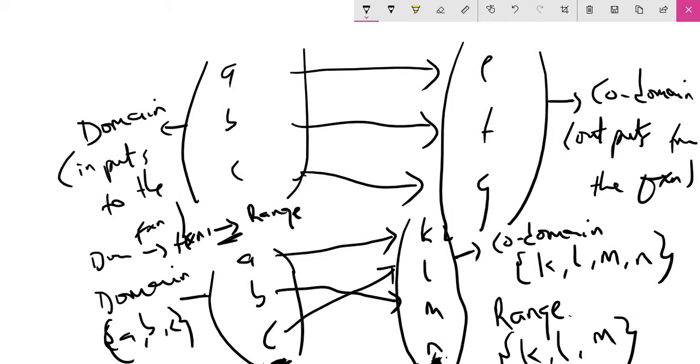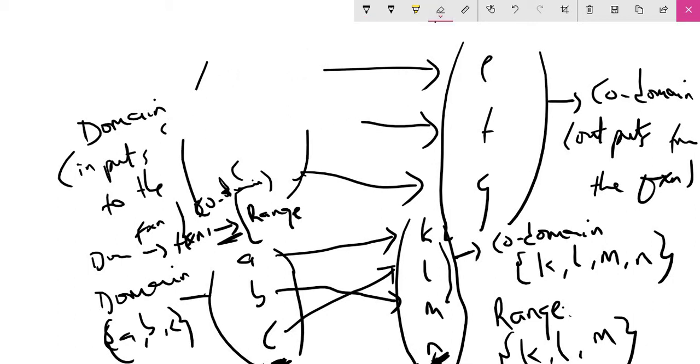But remember, the range is within the codomain, because there might be an element such as this which does not form part of the range. Okay, now that we understand the terminology, what doesn't make a function?